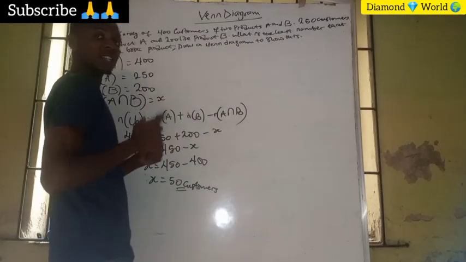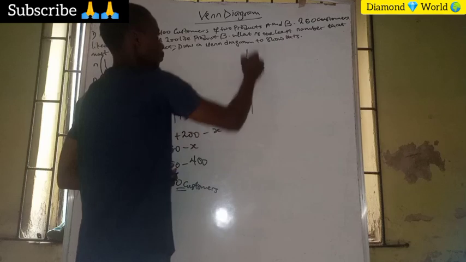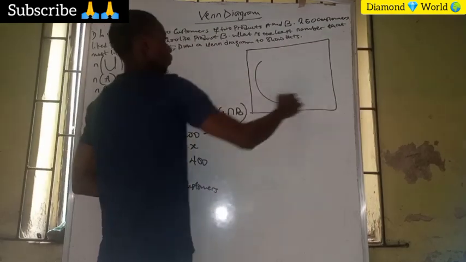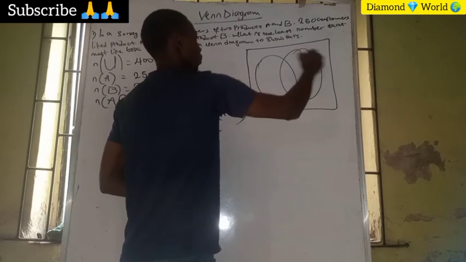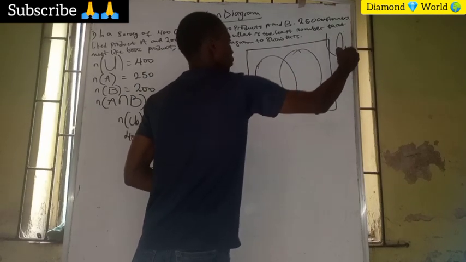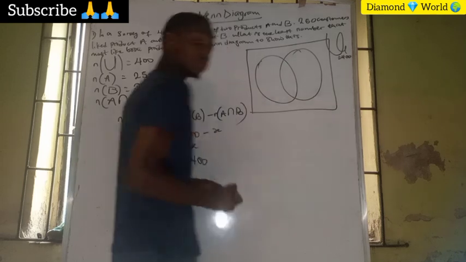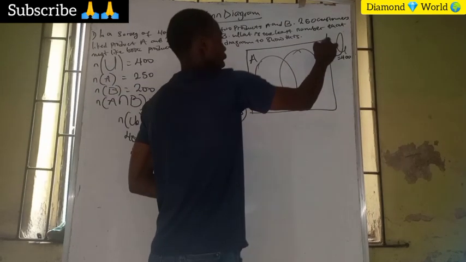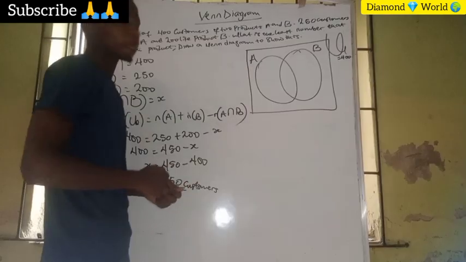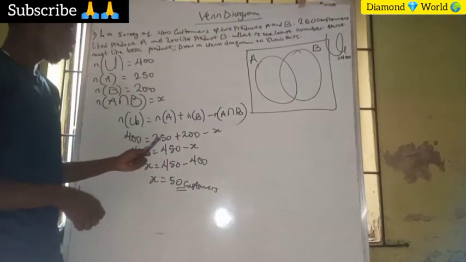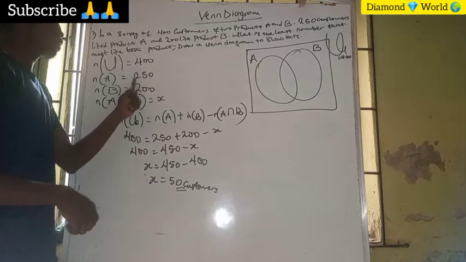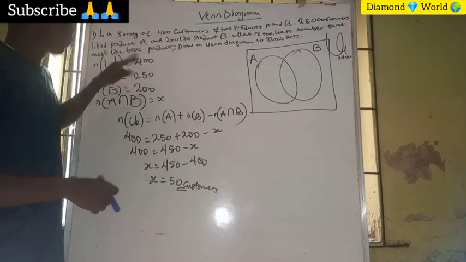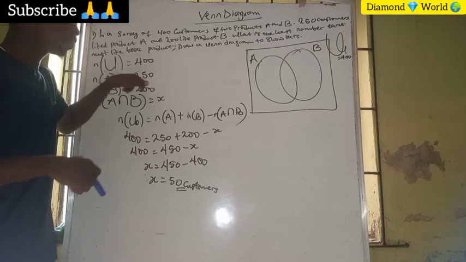Now, to show this in the Venn diagram, you say 400. Now, let me pick this as my A and this as my B. Now, 250 is of A, but out of this 250, 50 is inside this 250.